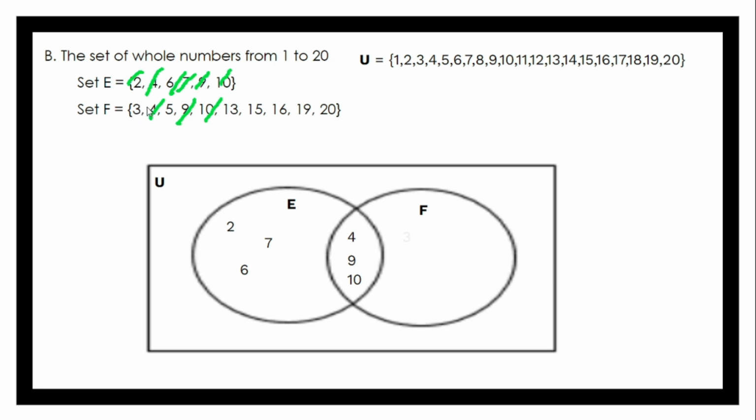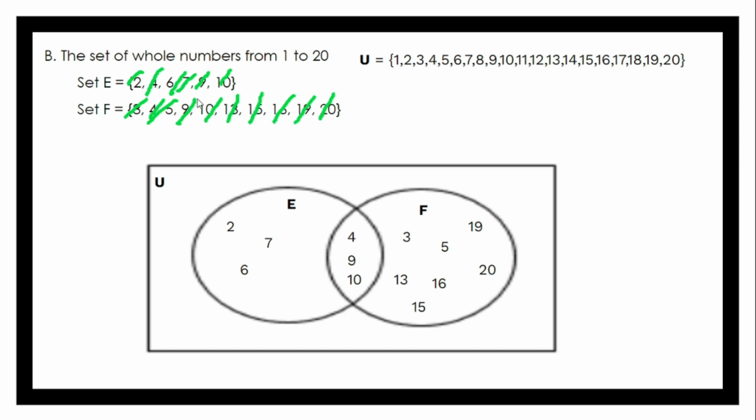Ayan si 3. Yung 5. Ayan si 5. Yung 13. Ayan. 15. 16. 19. And 20. Okay? So, those are the elements na kay F lang. Wala siyang ka-share.